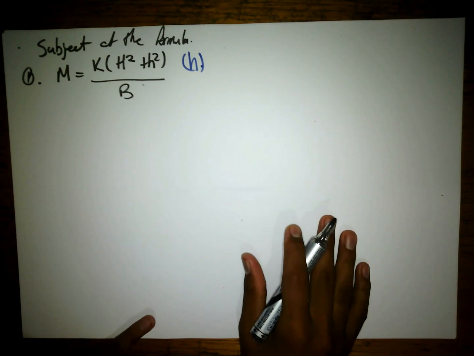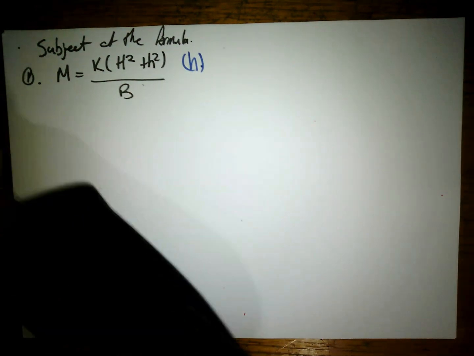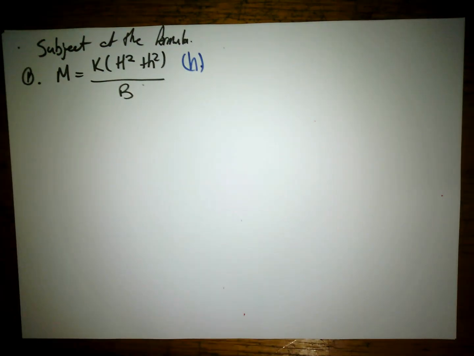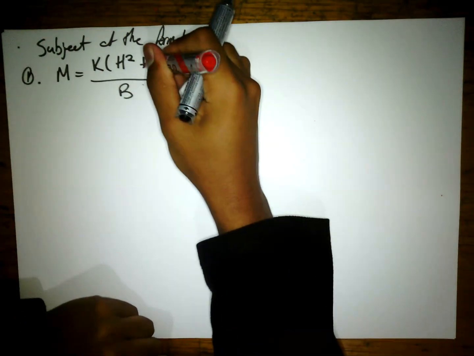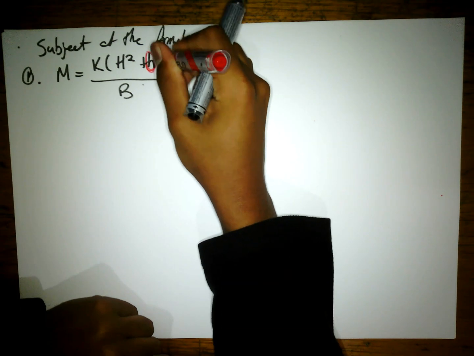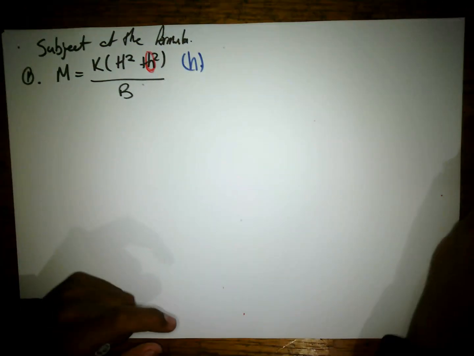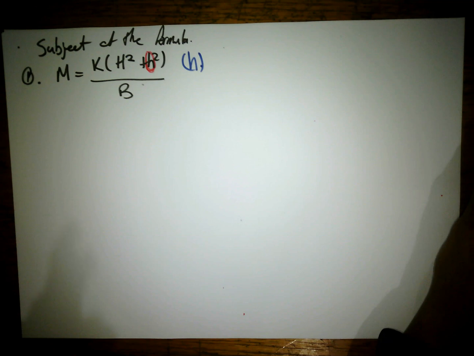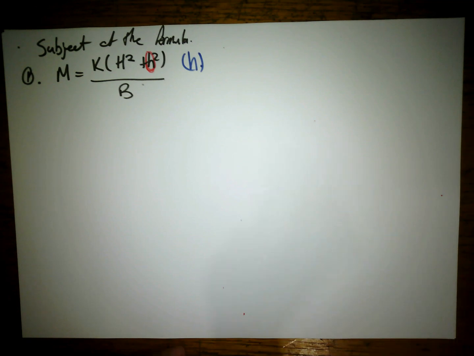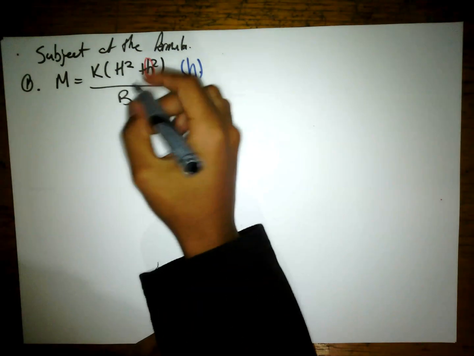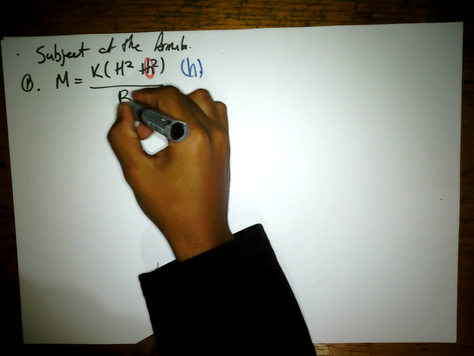Okay, let's begin. We need the small h. Keep in mind that we need this alone. Absolutely alone. So what we do now is we get rid of this b.